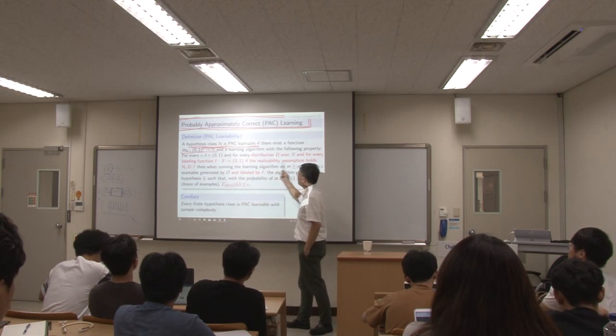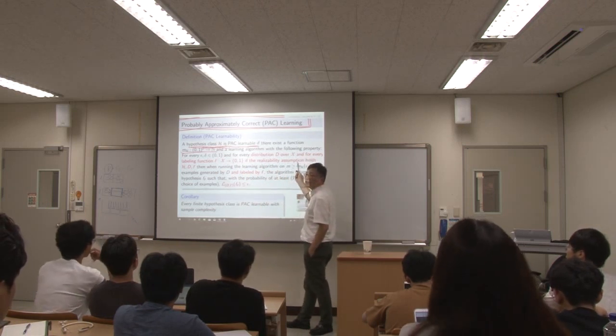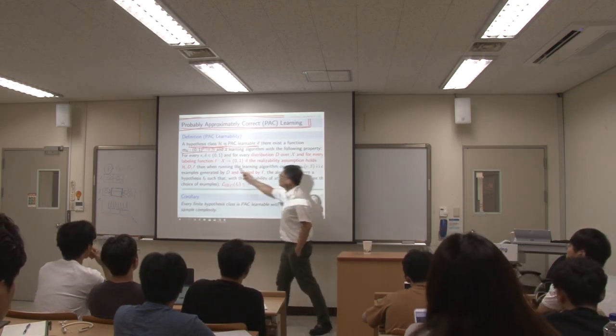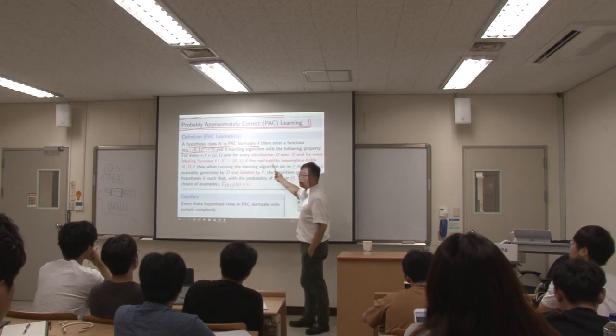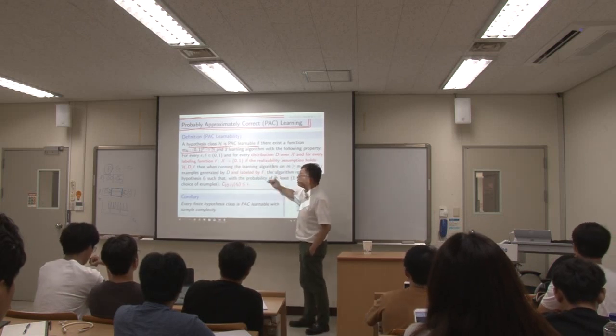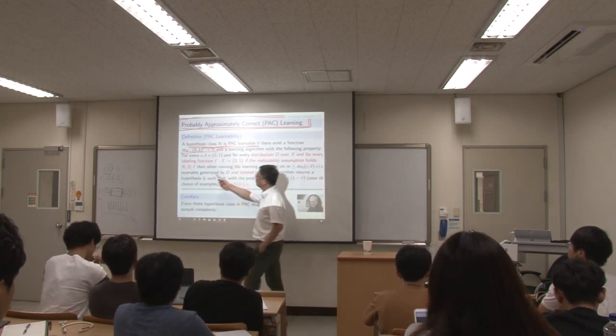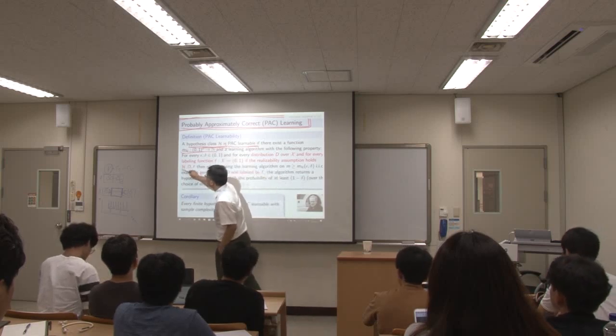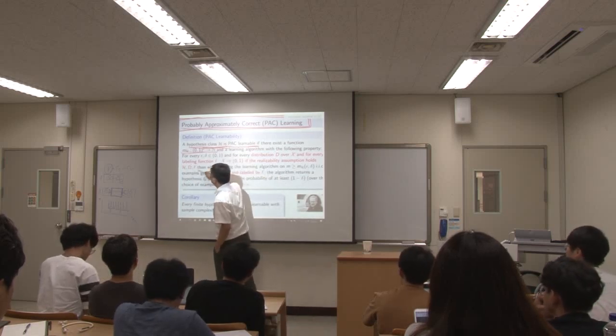What do we mean by the realizability assumption? It means that this function is in the hypothesis space. So you have a hypothesis space, you have some distribution, you have this labeling.